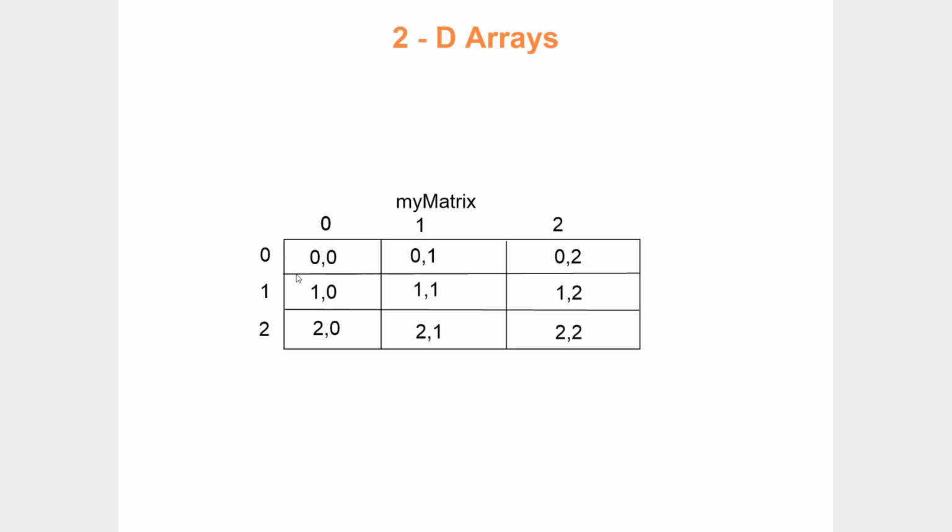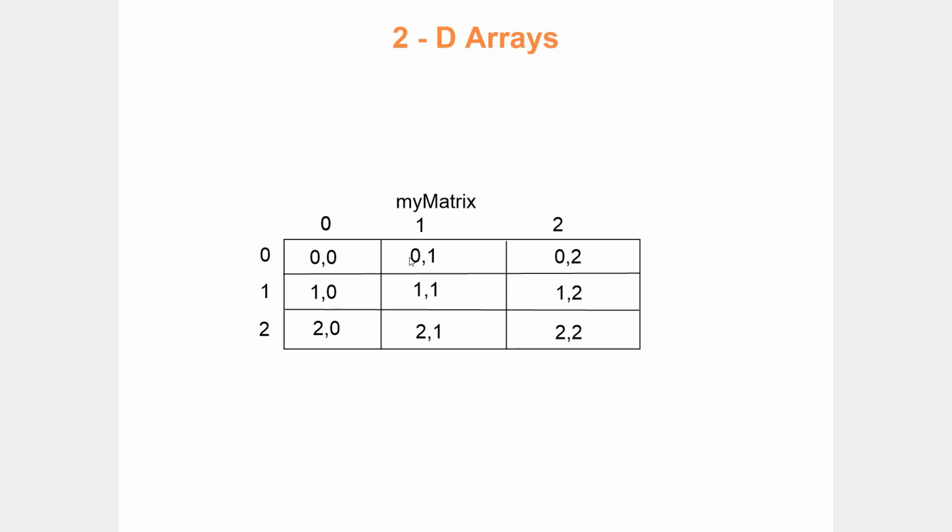0, 0 means this particular cell is located at 0th row and 0th column. Now we are in the first row. First go to the first column. The first column is available at 0th position. So the address of the first cell is 0, 0.